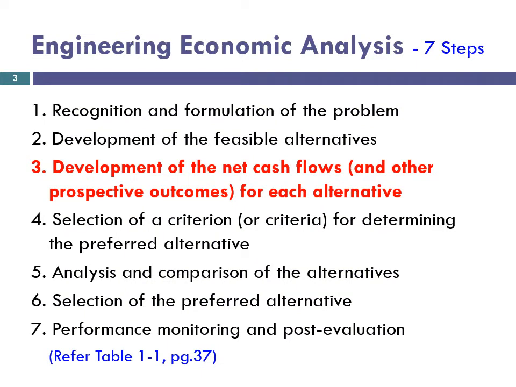Remember the 7 steps of engineering economic analysis. This chapter is related to the 3rd step, which is the development of the net cash flows and other prospective outcomes for each alternative. Remember, in an engineering economic analysis, we compare alternatives with each other, and each alternative has its own outcomes.